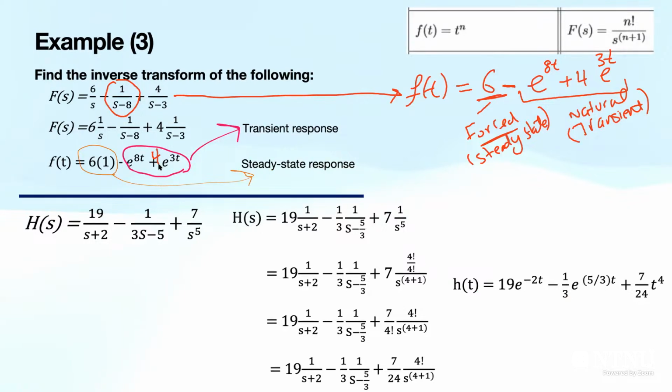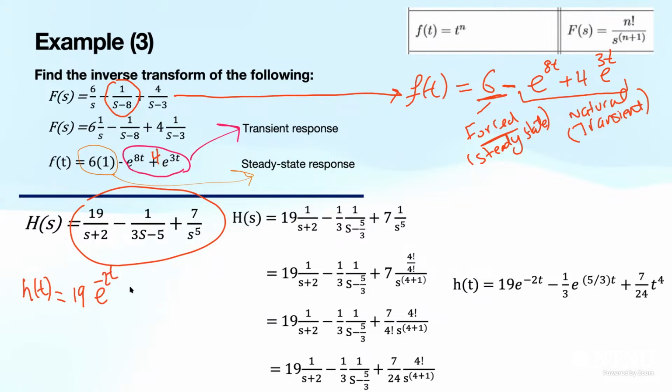Okay, we have another example. H(s) equals 19 divided by (s+2) minus this one. So let us solve this one. Now we need to convert h into the time domain. So h(t) equals this: 19 exponential minus 2t.